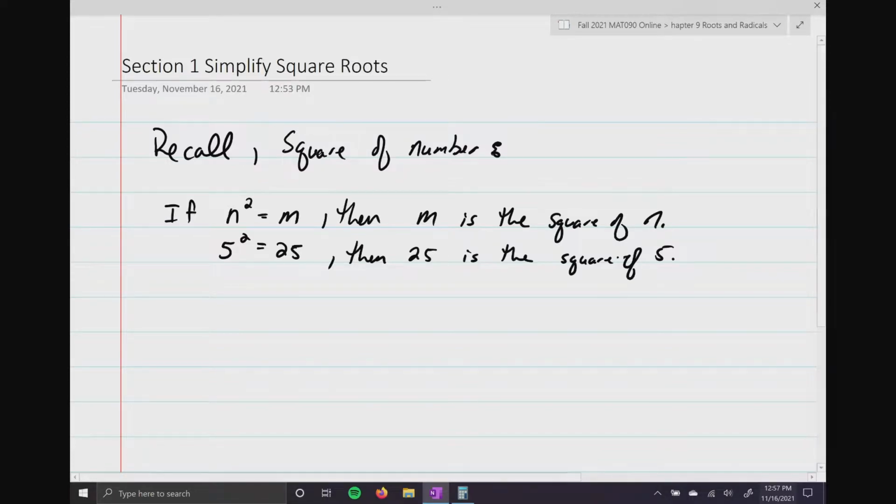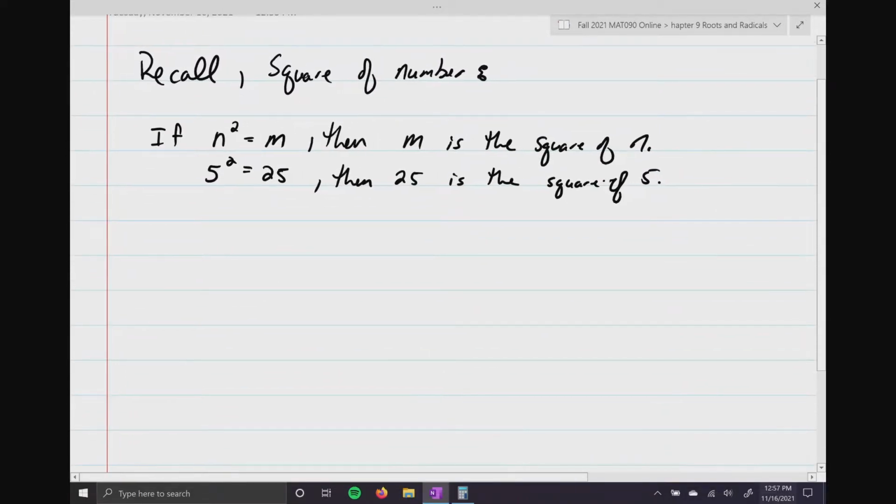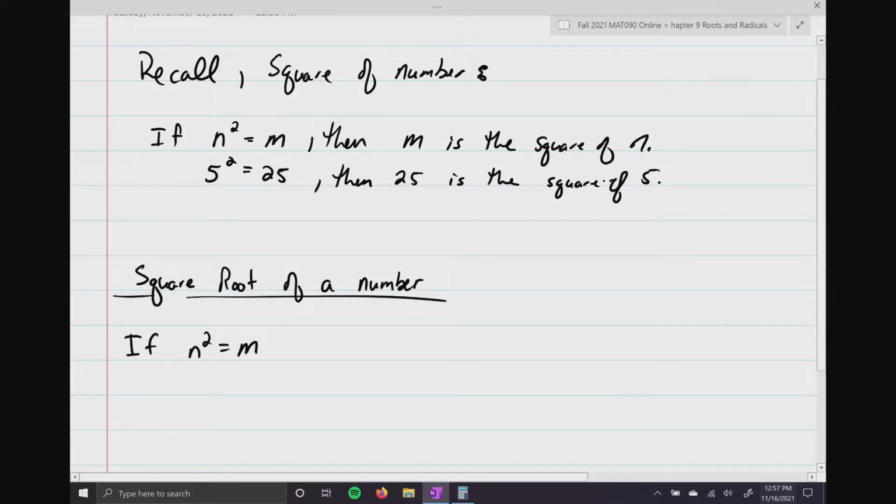Now, if we define what a square root of a number is, watch how this definition changes just slightly. If n to the second equals m, so notice it's still starting off the same way, then, and here's the difference, n is a square root of m.